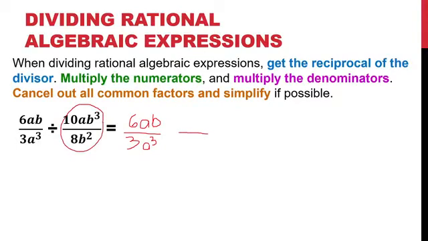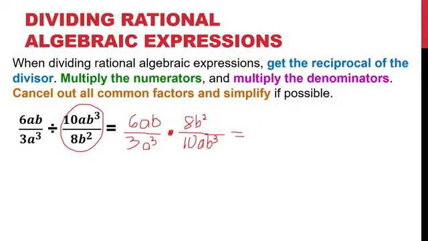So the numerator is now 8b squared, and the denominator is now 10ab cubed. Then proceed to multiplication.